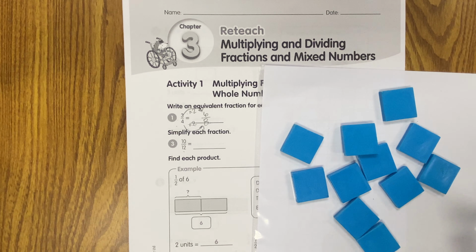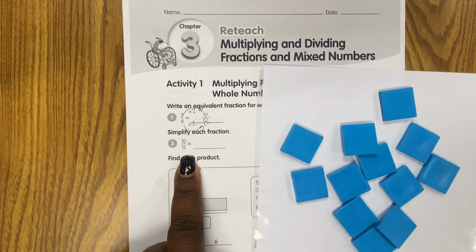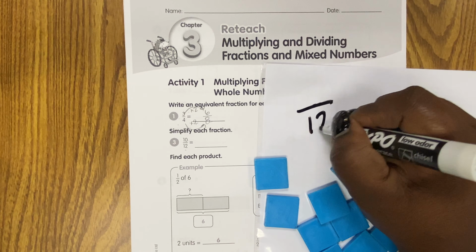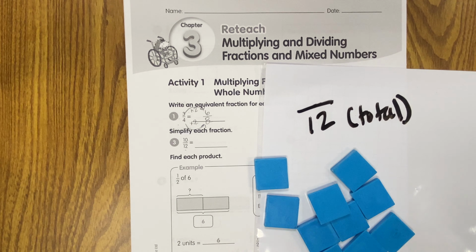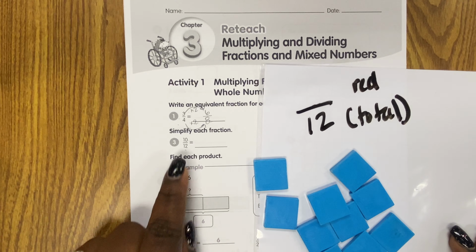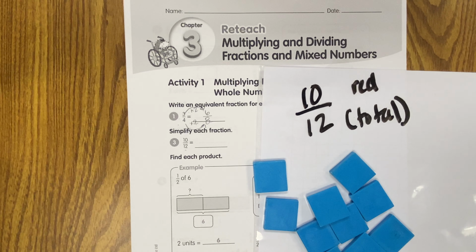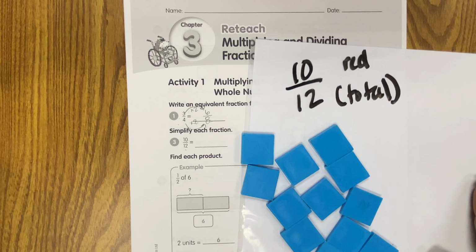So you'll see those there. So I have a total of 12 pieces. Now I want to represent this with shaded. So I know I should have a total of 12 pieces. So that's my total. And of those 12, I'm going to use red for my shaded. So of the 12, 10 should be shaded. Well, right now I have a total of 12. I can't go over 12.